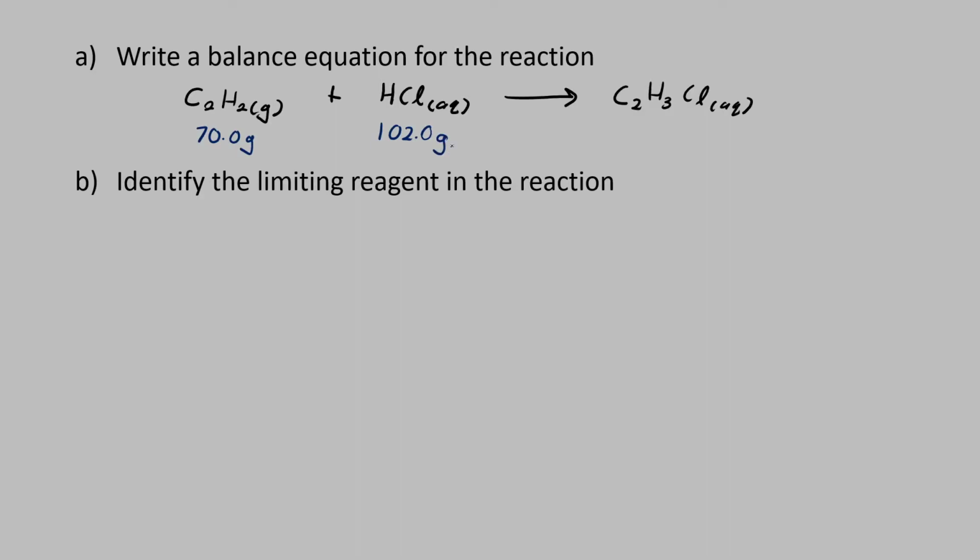Okay, good. So now the question asks to identify the limiting reagent in the reaction. Don't worry, don't get confused, always find the moles first. So let's find the n given of ethene gas first, given of C2H2.